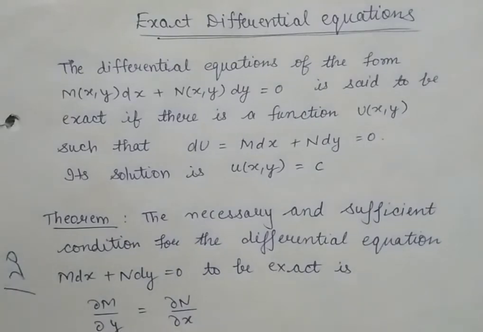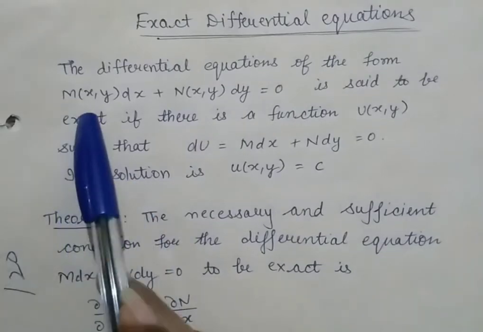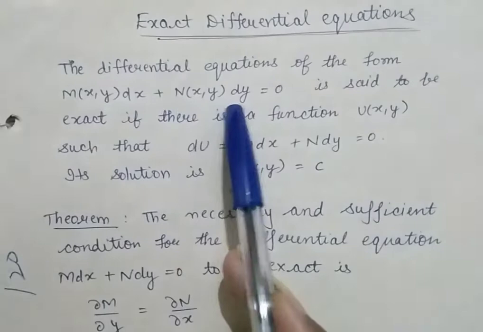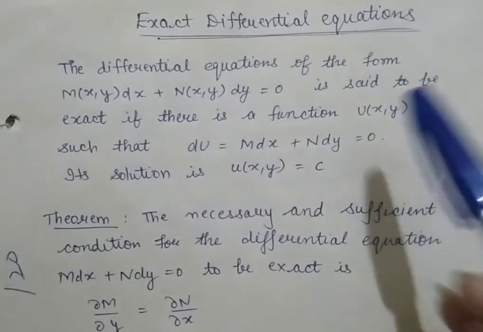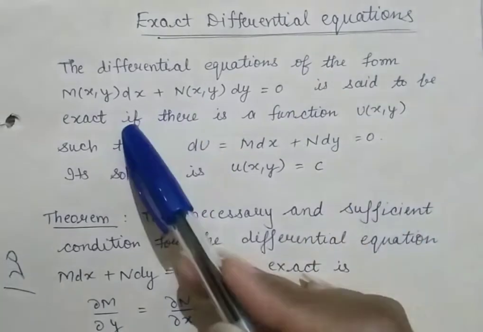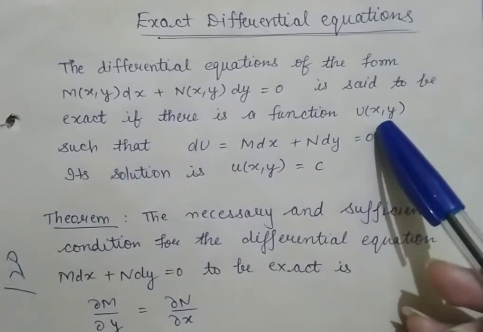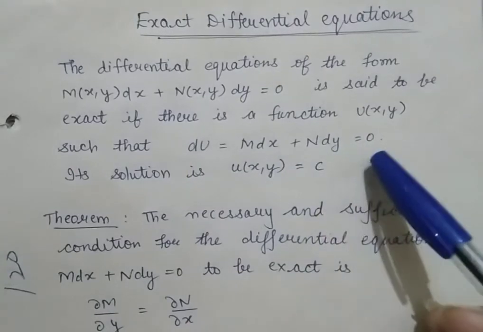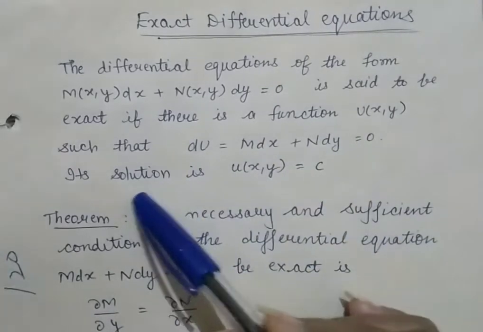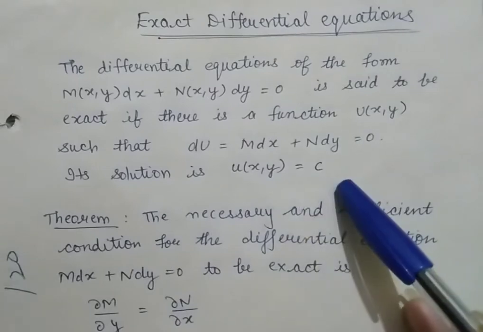Now, for an equation to be exact, our differential equation must be in this form, M(x,y) dx + N(x,y) dy = 0. Then that differential equation is exact if there is a function u(x,y) such that du = M dx + N dy = 0. Its solution is u(x,y) = c.